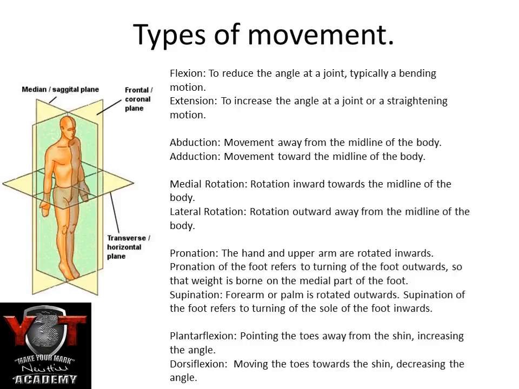Okay, so abduction and adduction, typically when we're talking about the body, we talk about abduction of the arm, moving away from the body, adduction back towards the middle, and abduction of the hip, back in and out as well. There aren't too many joints that actually abduct and adduct, so there's not too many joints you need to worry about in that sense. The shoulder and the hip are obviously complex because you can have combinations of flexion, extension, abduction, adduction.